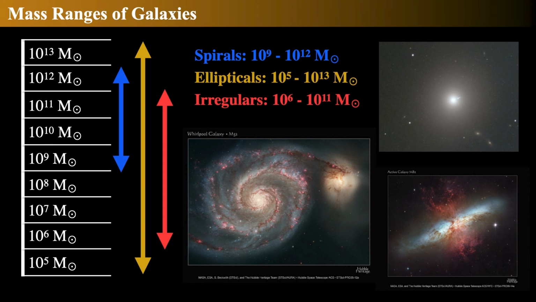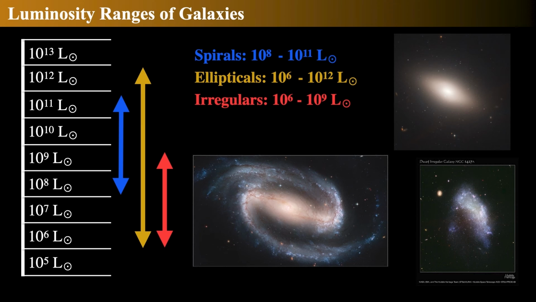And irregulars are kind of an in-between group that go from about 1 million times the mass of the sun to some of them can be as large as other spiral galaxies and larger than many spirals. So irregulars kind of span the gamut between them. Now, if we think about the luminosity of them, the luminosity is in a different range altogether.